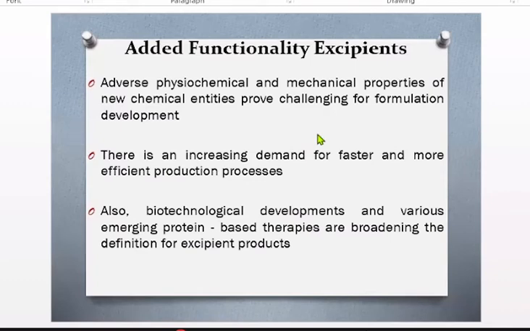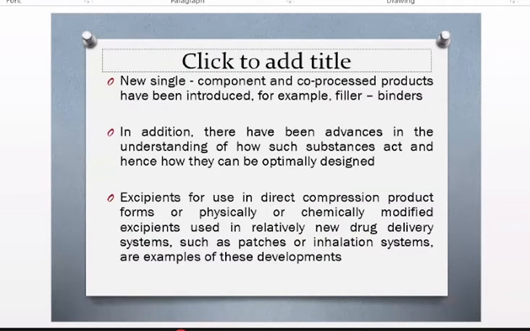But technology has resulted in the production of excipients which have more than one function. So you find that in order to reduce the number of excipients added to a formulation, technology has allowed us to have a single excipient that is able to perform more than one function.